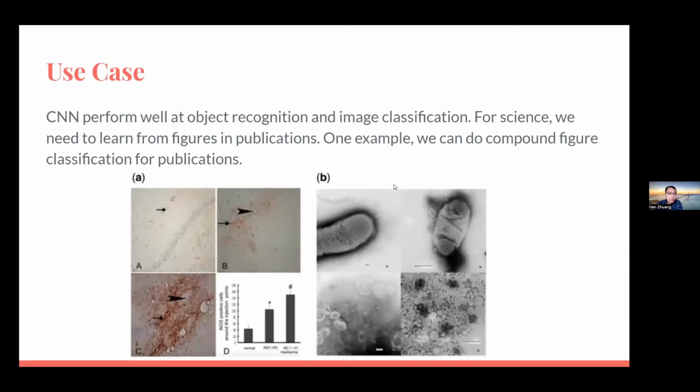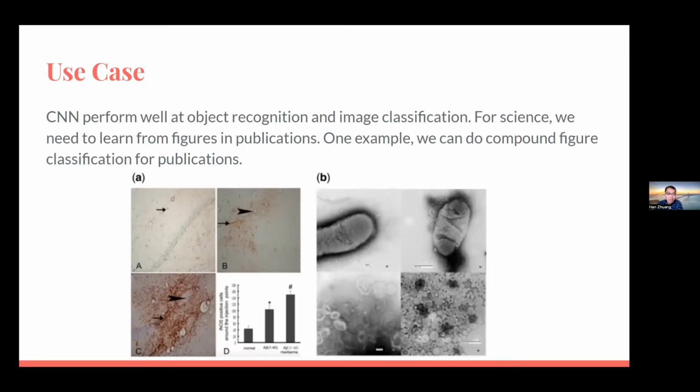Back to CNN, convolutional neural networks perform very well on object recognition and image classification. In science of science, we have so many scientific figures, and we can use those techniques to help us analyze and understand the figures.